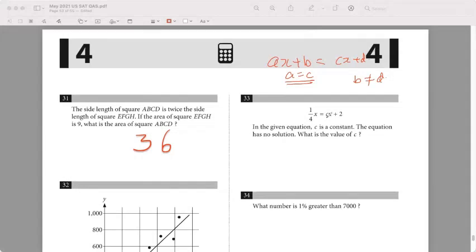So here the coefficient of x is C on the right-hand side and 1/4 on the left-hand side. So if C is 1/4, then this equation will not have a solution, because that would be 1/4 x equals 1/4 x plus 2, which is never possible, right? Because the constant on the left is 0 and on the right is 2. So C should be 1/4.